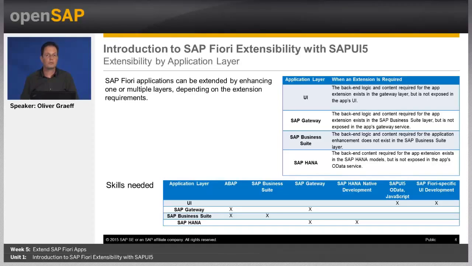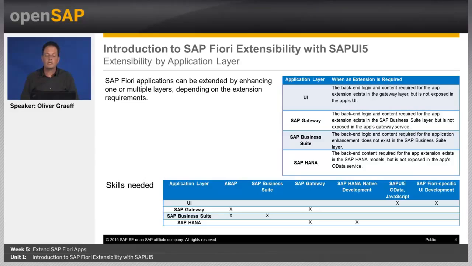For example, if you want to add a new field, you have the new field in your backend and you just need to expose that to the UI to make it appear on the UI. Another layer which might need to be touched is the gateway layer. If you have the data available in your backend system, but it's not yet exposed via a gateway service to the Fiori application, you would need to make an extension to the gateway service.